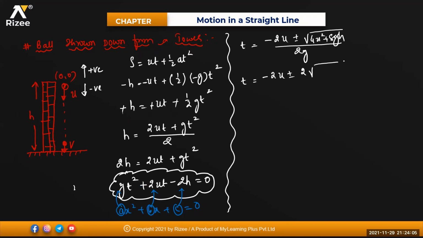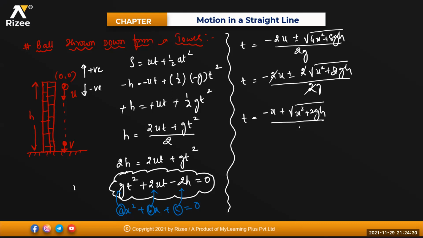So this will become under root of u square plus 2g into h, divided by 2g. So this 2, this 2 and this 2 will get cancelled. So time taken will be equal to minus u plus under root of u square plus 2gh, divided by g. So this is the time taken.